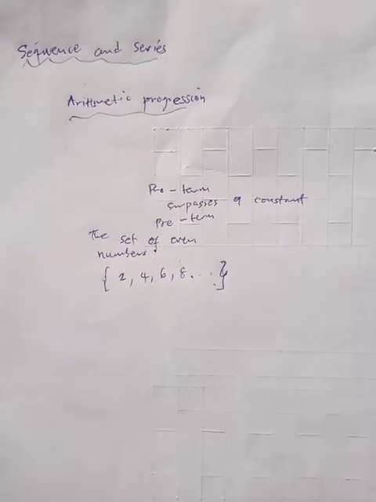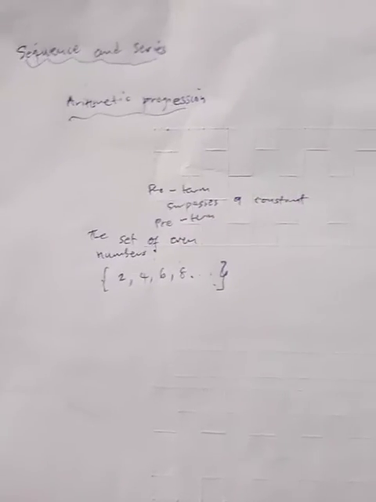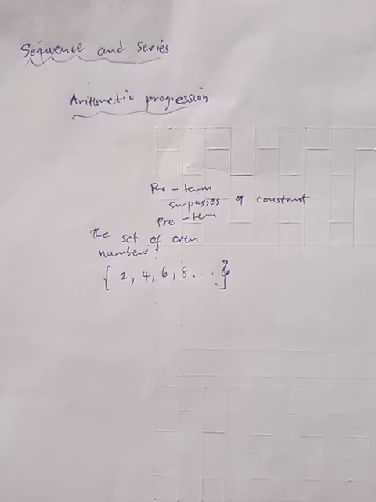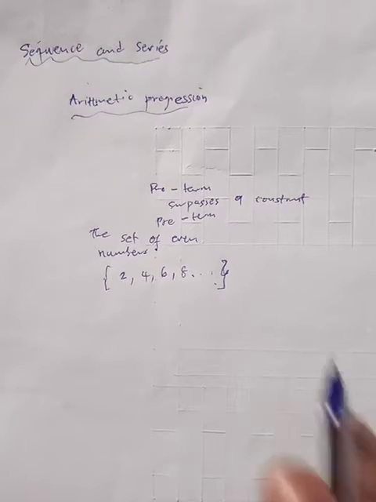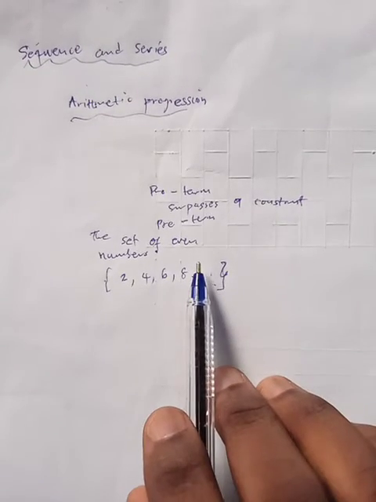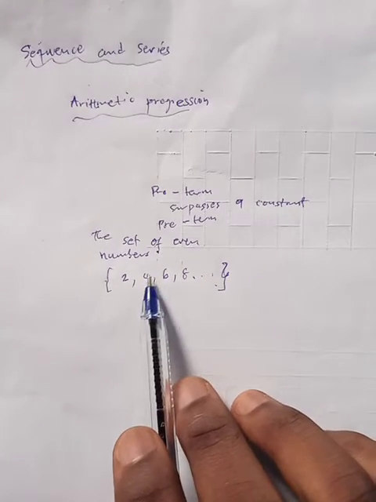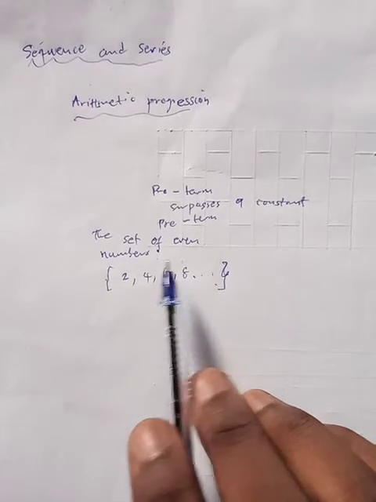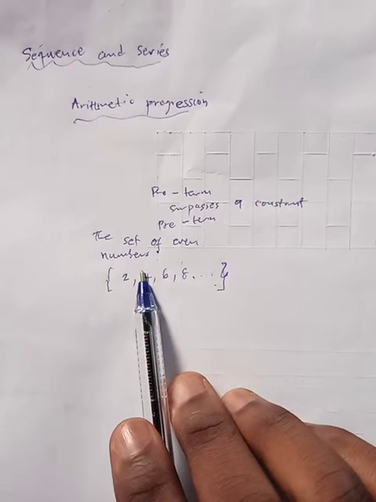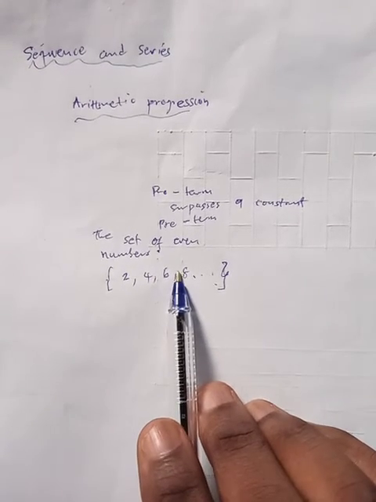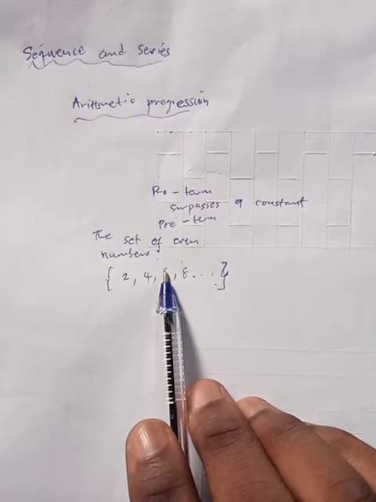So you can see that the set of even numbers is a typical example of an AP. That is, this 4 surpasses this 2 by 2. This 6 surpasses this 4 by 2. And this 8 surpasses this 6 by 2.